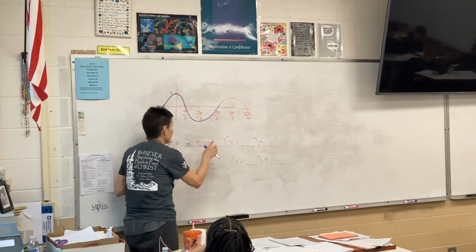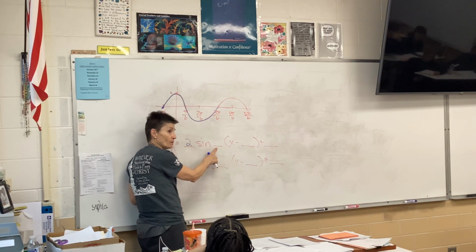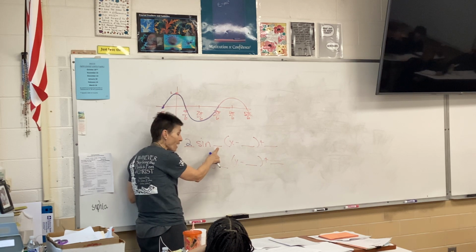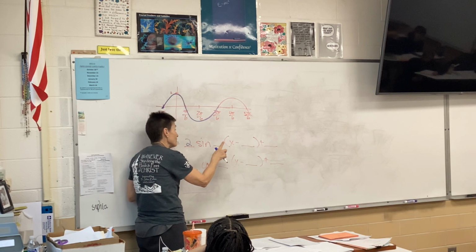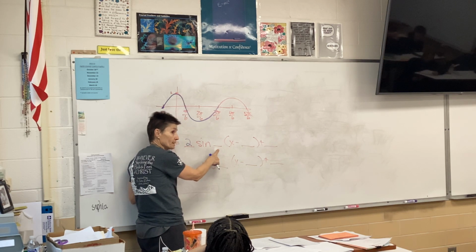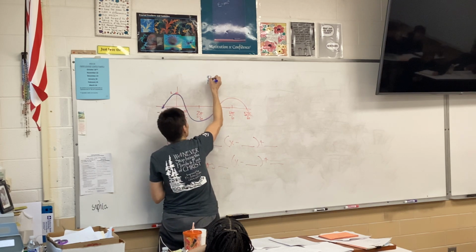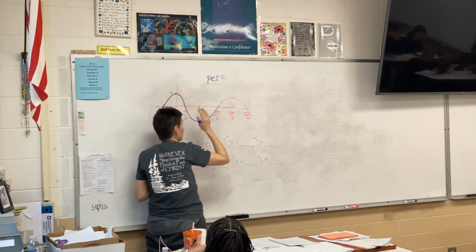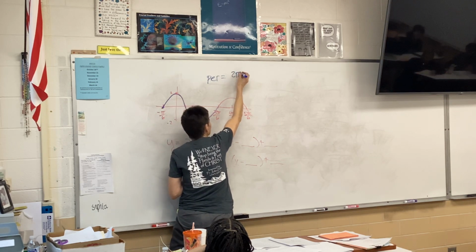Okay, the number that goes here influences the period. This number is not the period, but it influences the period. This number actually divides the period. So I know that my normal period of a sine curve is 2 pi.